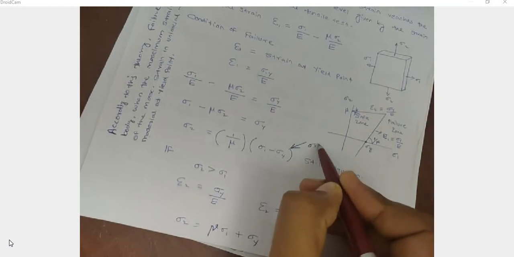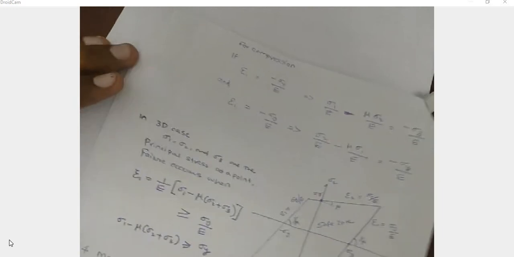This is the condition where sigma 1 is greater than sigma 2, and this is the condition where sigma 2 is greater than sigma 1. So the equation will vary based on which one, sigma 2 or sigma 1, is greater.